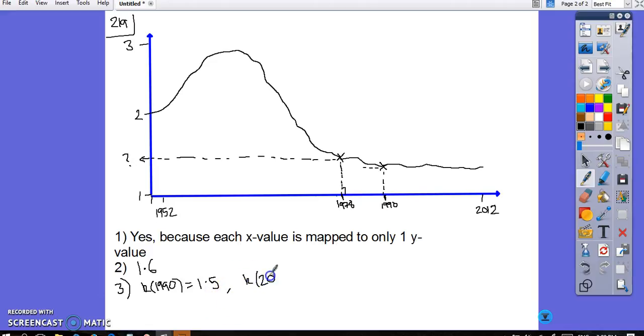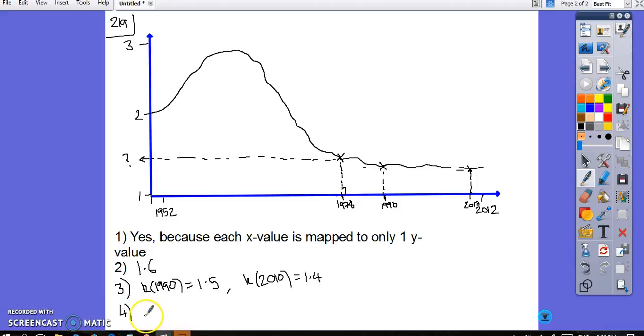K of 2010, again something very similar, find 2010, go up to the graph, mark it, and read across, and for that one you probably will need your ruler, and you should find that that's about 1.4 children per woman. So it seems that it is decreasing a little bit. However, it does fluctuate.